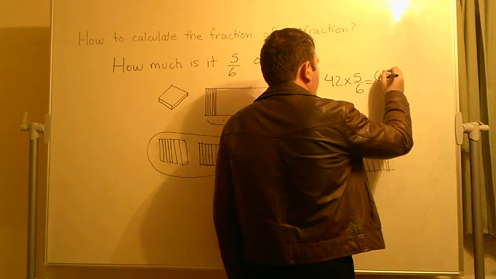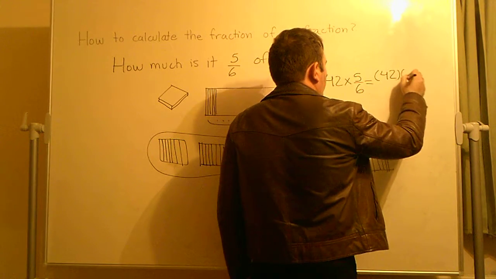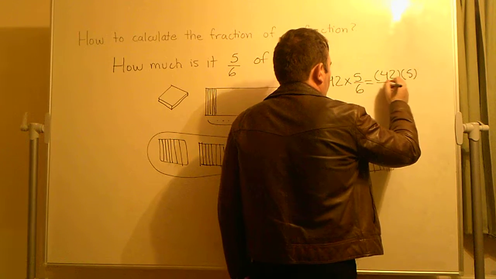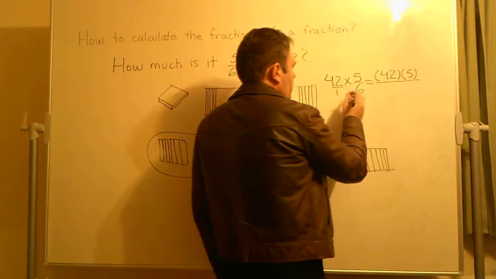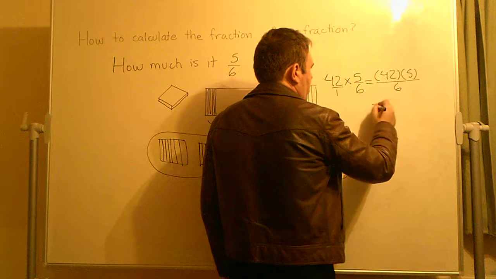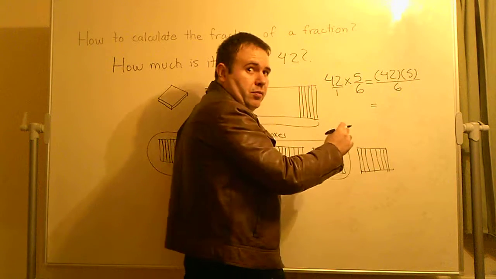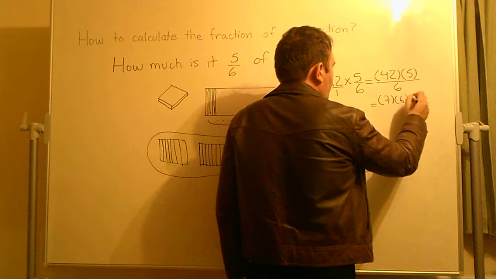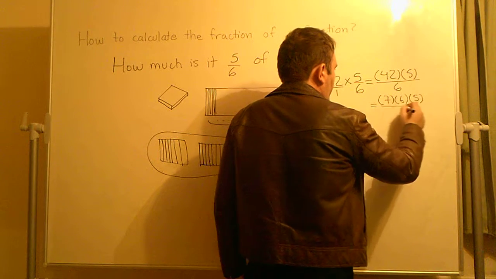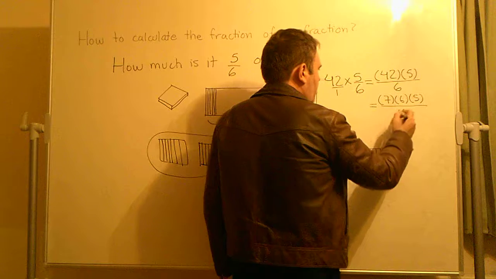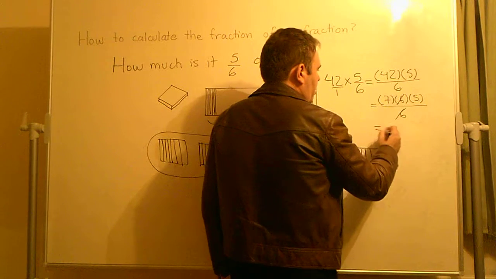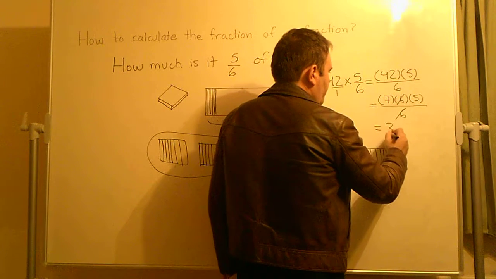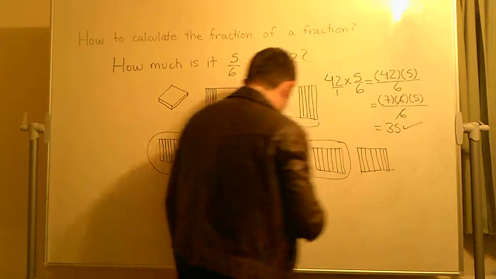What we do is we leave it like this: 42 times 5 divided by, well, this is 6 times 1, which would be 6. And then we remember that 42 is equal to 7 times 6, and then we would have times 5 here, and then divided by 6. 6 divided by 6 is 1, and then we would have 7 times 5, 35.